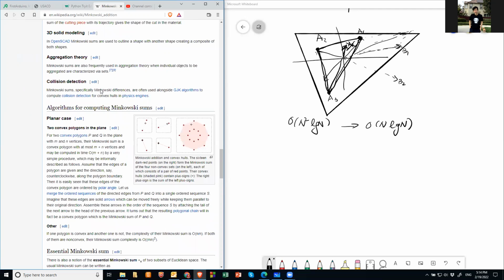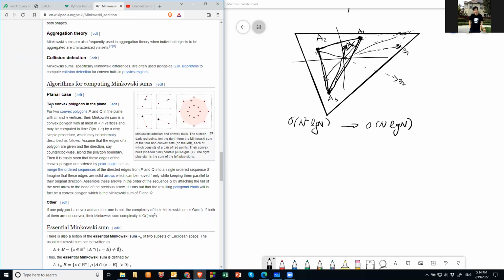There are people who already studied this and figured it out. Here are two convex hulls in the plane. To make the explanation easy, let's say I form a convex hull A. It is formed by this vector, this vector, this vector, this vector, this vector, going around the circle.